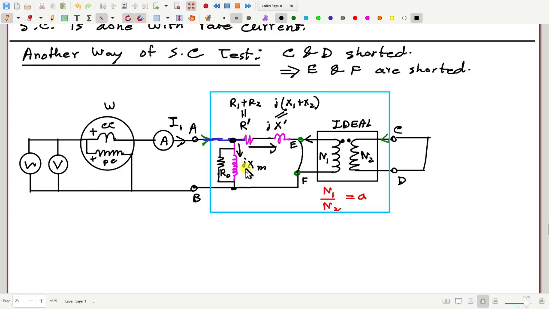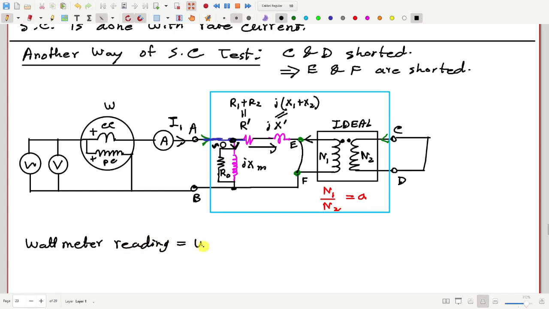Because R0 and Xm are very large, therefore practically this current here is approximately 0. That's what we shall assume for this estimation. So if this current is 0, then the wattmeter reading is equal to the power consumed.